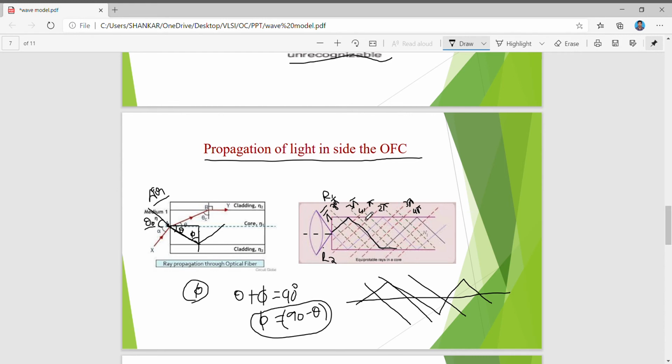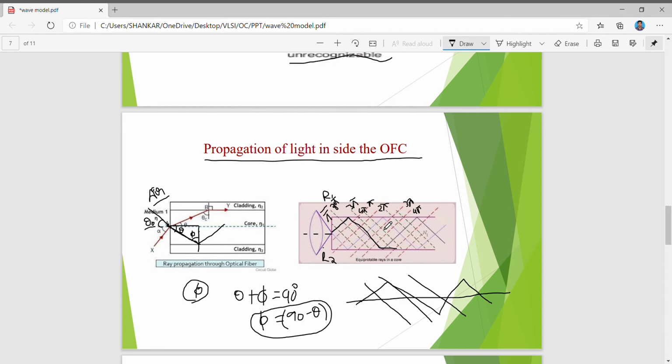Why are we discussing the phase angle here? Because for the internal reflections, the interference of two signals we can determine based upon the phase angle. Whenever two signals are incident inside the fiber, there will be interference. Based upon the phase angle, the interference will occur.